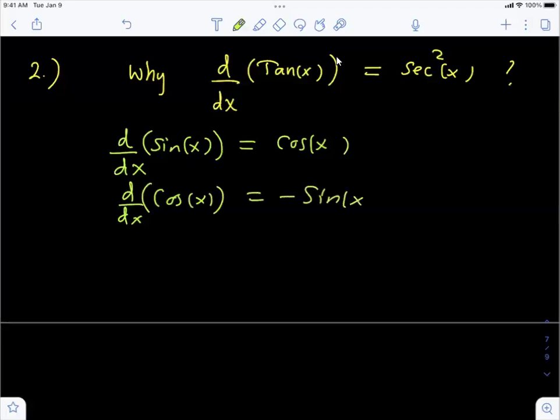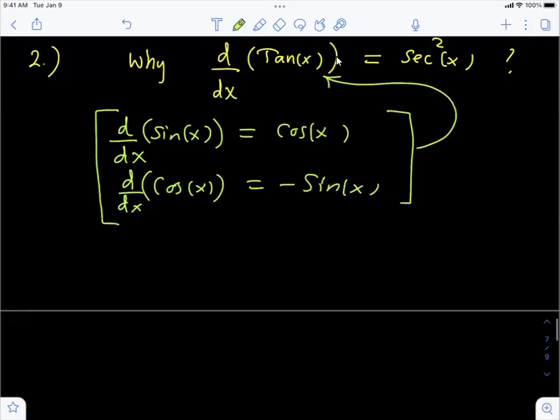Now, I'm going to assume these two in this particular lesson. These have mathematical proofs starting from the limit definition. But the purpose of this particular problem is not to establish these two formulas, but to use them to establish the derivative of tangent. Now let me show you how it would work when you know the derivative of sine and the derivative of cosine.